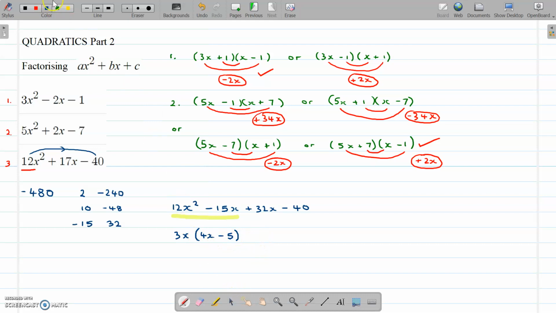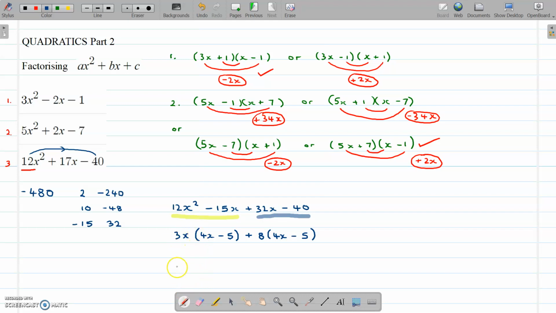Then I take the other half, and I factorise that out, and it will give me plus, now the highest common factor in there is 8, brackets, and that will also give me 4x minus 5. Now if you've done this properly, you'll get 2 identical brackets and the bits left over.